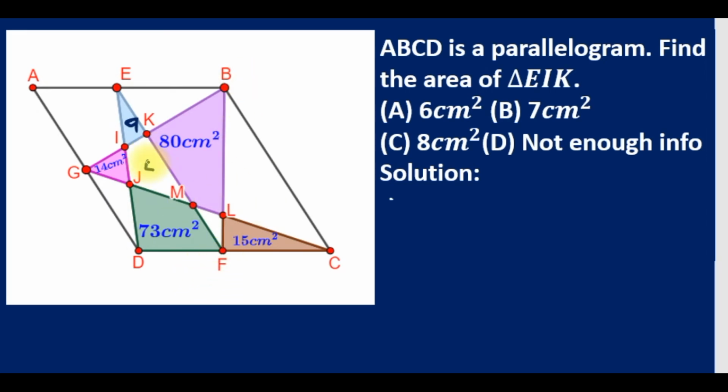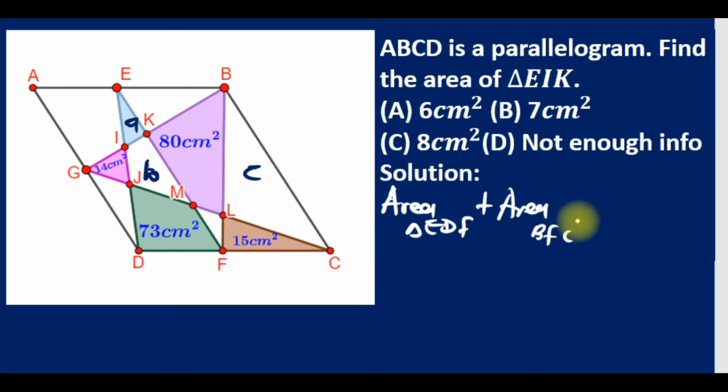Let's label this: this is AB, we are given this, and maybe this is C. From what I just explained, the area of triangle EDF plus the area of triangle BFC is the same thing as the area of triangle BGC.